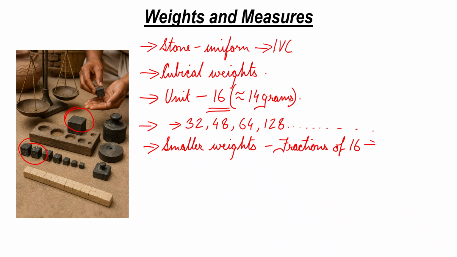So it may have been like 1 by 16 or 2 by 16, like this. 2 by 16 is actually 2 by 8. Anyways, there were smaller weights. So that is all we need to know about the weight system of Harappan civilization.